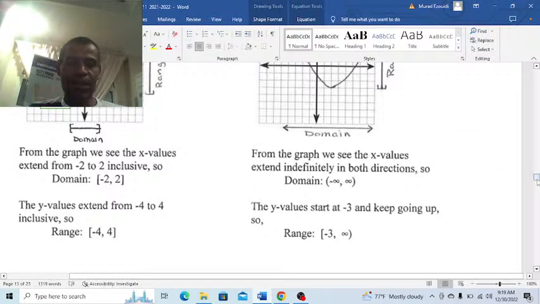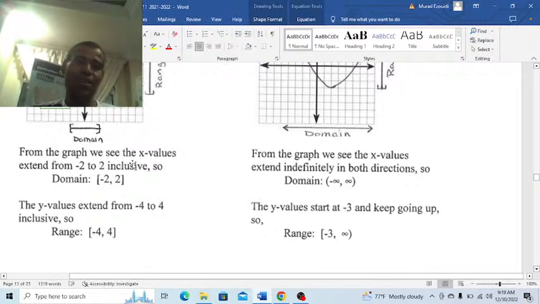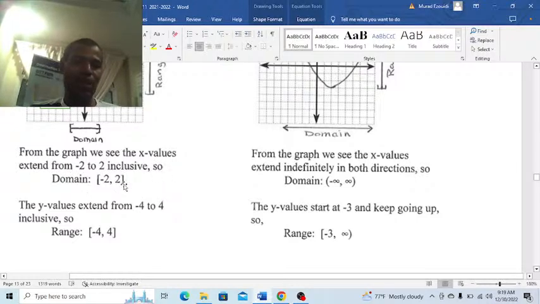From the graph we see the x values extend from negative 2 to 2 inclusive. So the domain is minus 2 to 2, and the y values are from negative 4 to 4 inclusive. So the range is negative 4 to 4. You can also put y is more than or equal to negative 4 and less than or equal to 4.